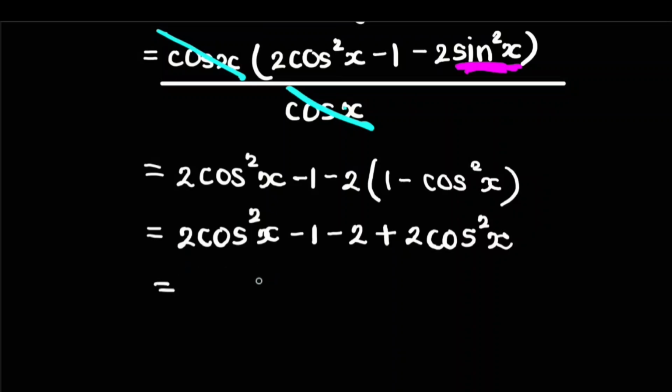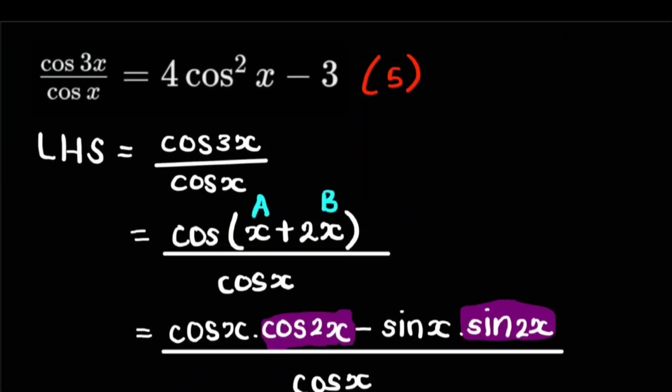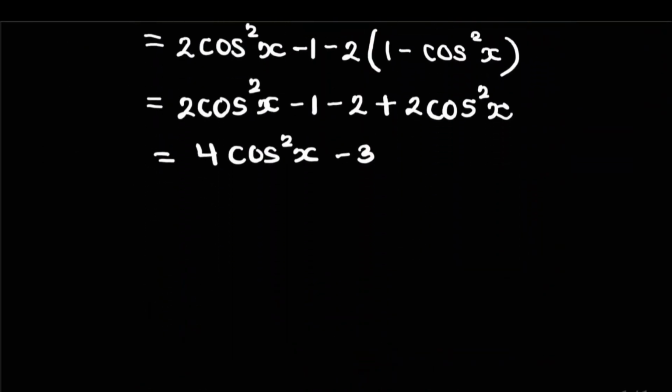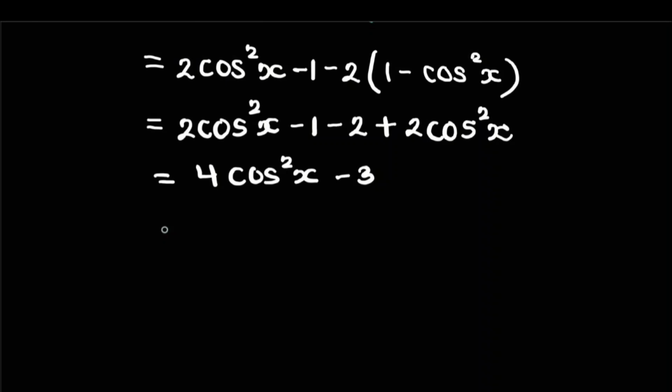We've got 2 cos squared x plus 2 cos squared x. That is going to be 4 cos squared x. We have minus 1 minus 2, which is minus 3. And we notice that, hey, that gives us the right-hand side. They had 4 cos squared x minus 3, and we have that too. So that is equal to the right-hand side.